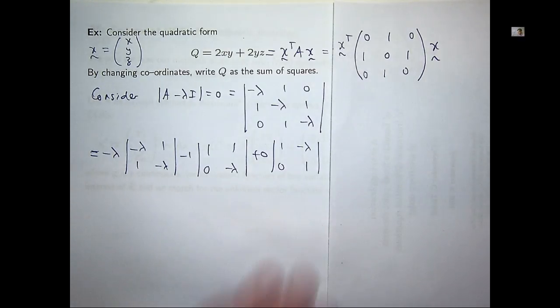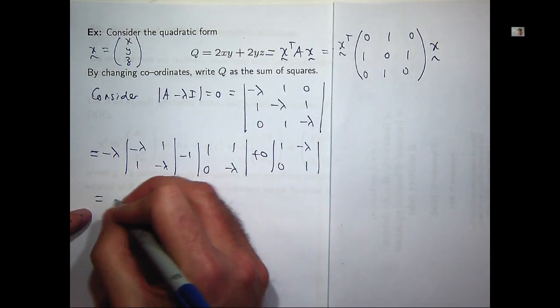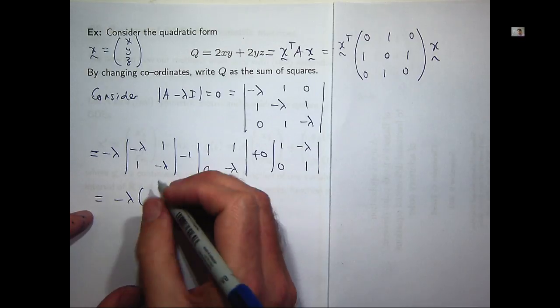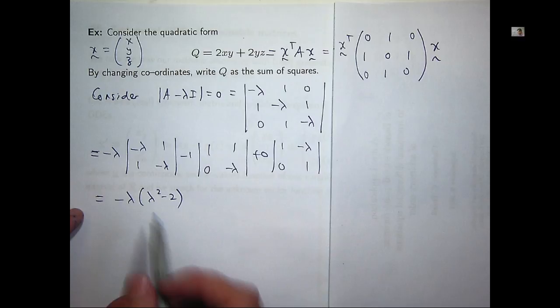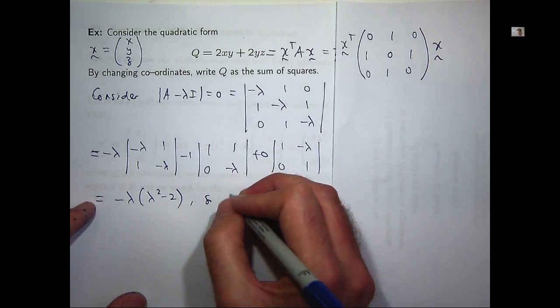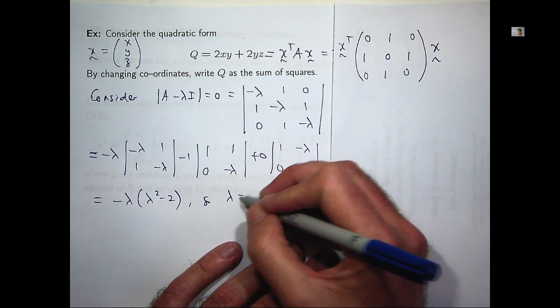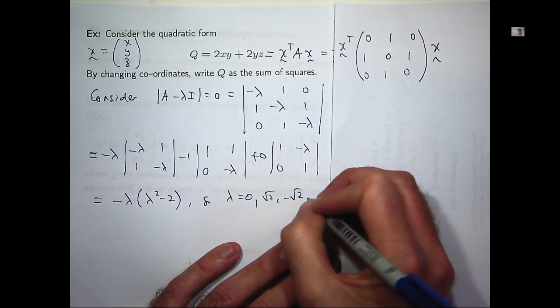Actually, this is the same determinant that we calculated in the previous lecture. So if I expand this out, I'll get the following. If you want the details, they're in a previous example. So lambda equals 0, positive root 2 and minus root 2.